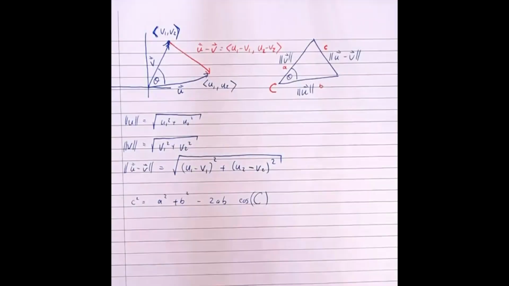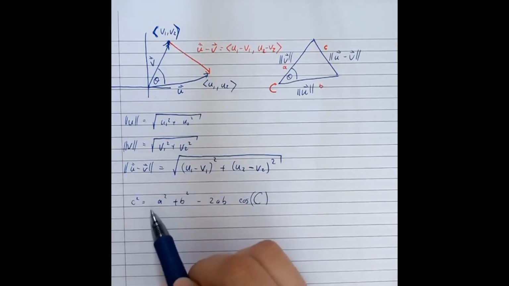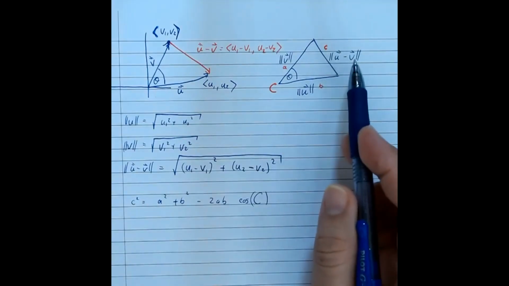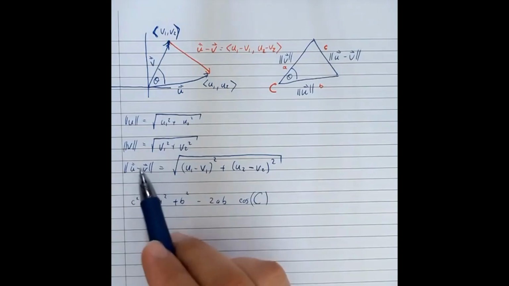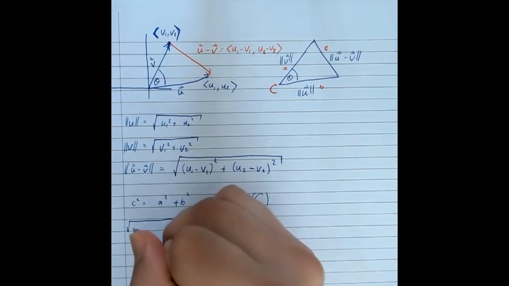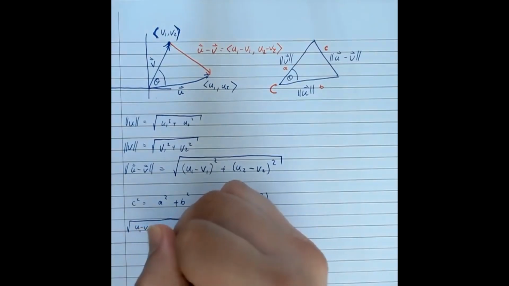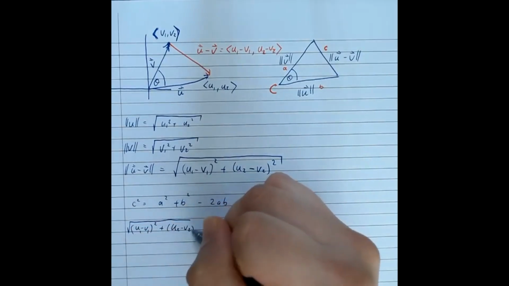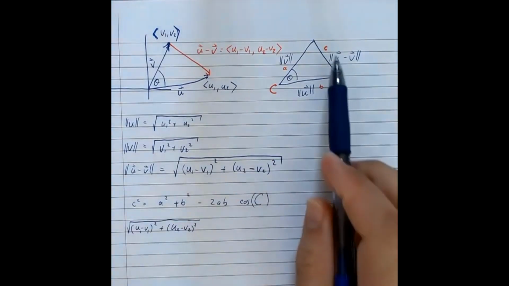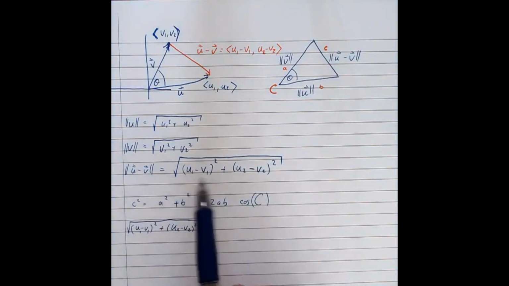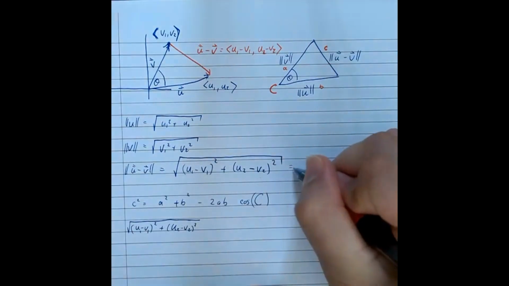Yeah, but I know what all those are. My little c squared is just this thing squared, which is the square root of u1 minus v1 squared plus u2 minus v2 squared. That's my c, so this must be my little c right here.